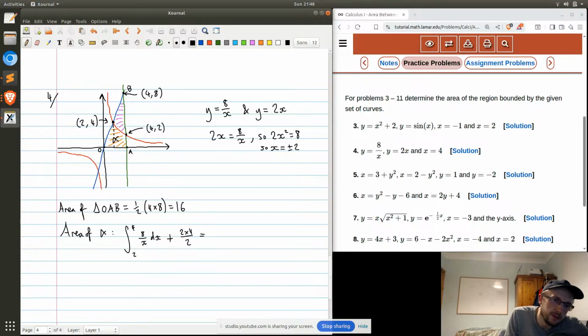What's the integral of 8 over x? Well, it's 8 ln x. Right?